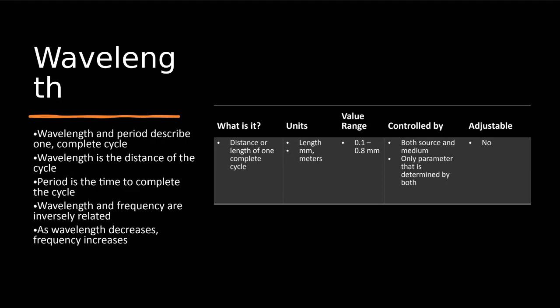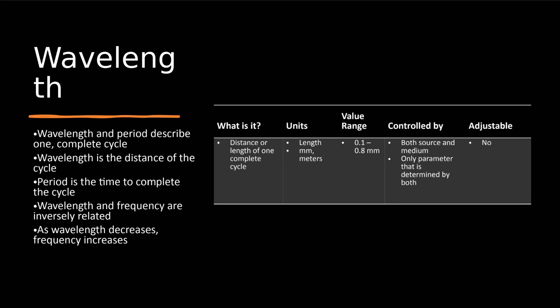So this means that as frequency increases, right, the number of cycles that are occurring in 1 second, as that gets higher and higher, that means our wavelength is getting shorter and shorter. So that's going to be decreasing. So when we're looking at our chart here, our units obviously going to be anything in distance or length. Our typical value for ultrasound is going to be 0.1 to 0.8 millimeters per wave.